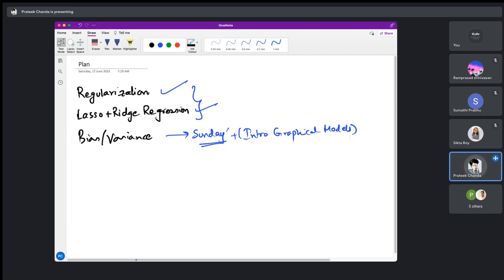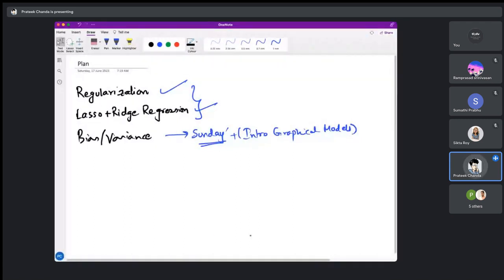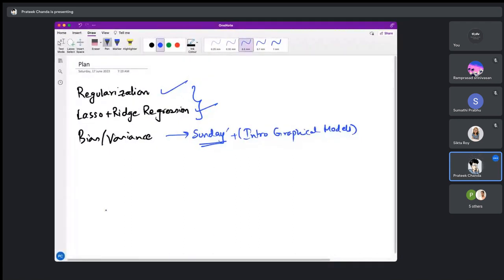We were discussing MLE, which is maximum likelihood estimate, and the other one was MAP, which is maximum a priori.